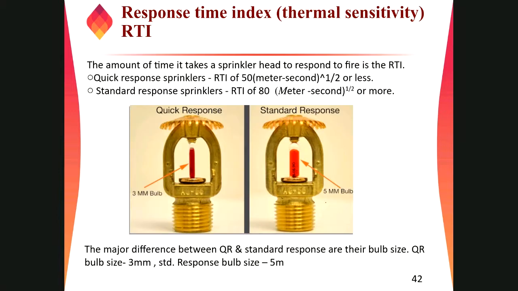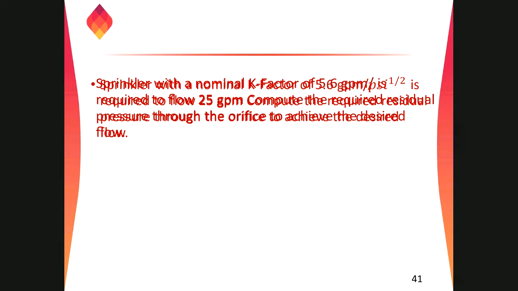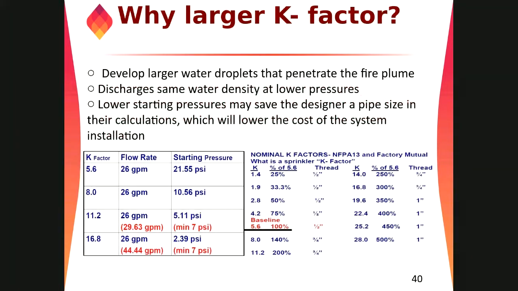Mr. Ravi, in this case, if you can go back to the table, for the 5.6 K factor, the starting pressure is 21.5 psi, right? So we have to go up to 21.5. No, it's not like that.